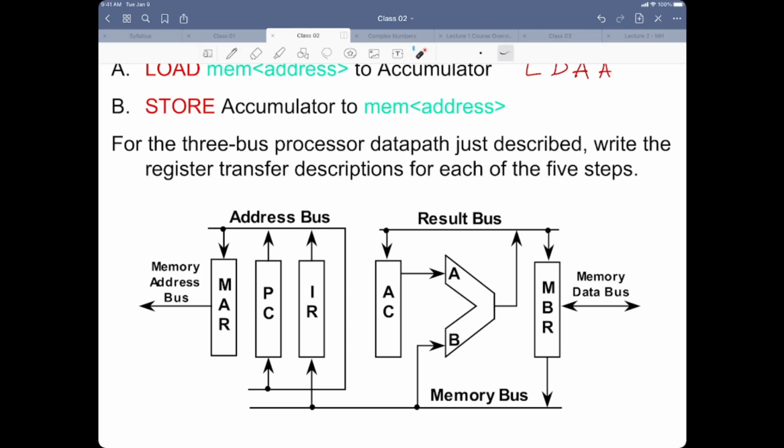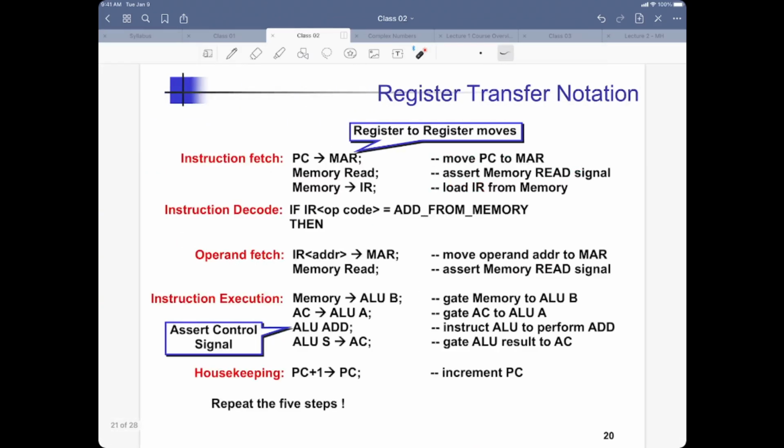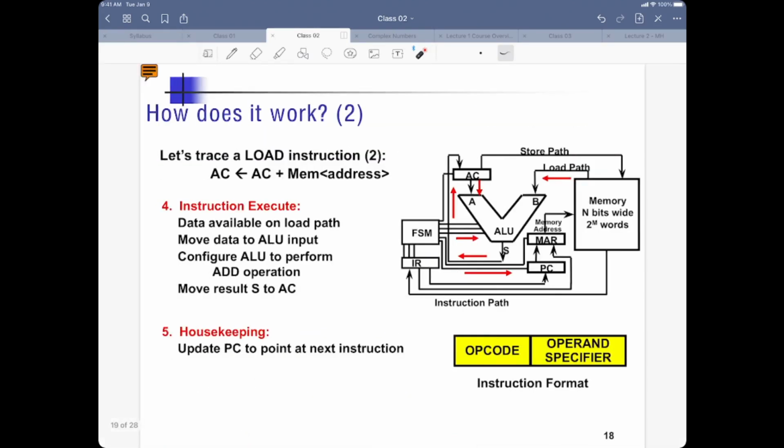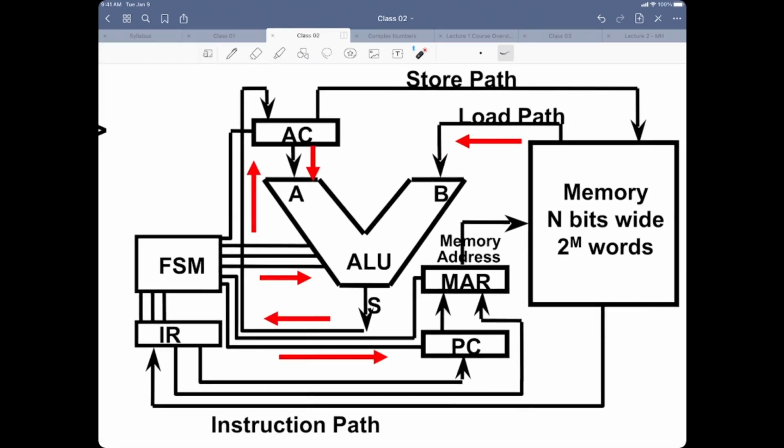Do you see what I'm trying to say? Here is the store path, right? But in the 3-bus design, it doesn't seem to have that path.